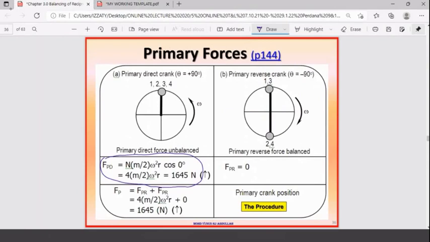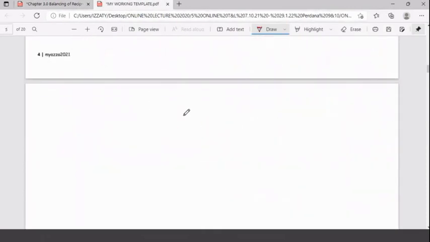Okay? Any question? Then we move. The first diagram is the easiest one. Let us now move to the second one, primary reverse crank. So how do we get the results here? So now this is working. Number 1, number 2, number 3, number 4.